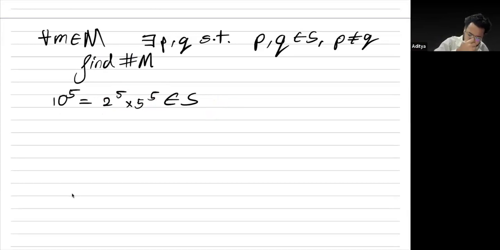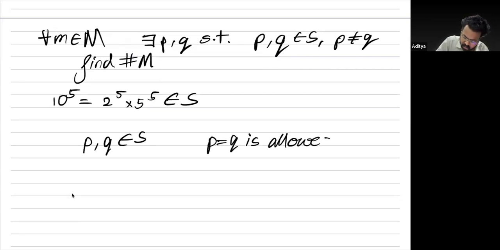Shreyas not correct. So what you can basically see is that if you have two numbers, P and Q belonging to S, and if we allow that P equal to Q is allowed, then what is the largest number that you can form that can be part of your new set M?